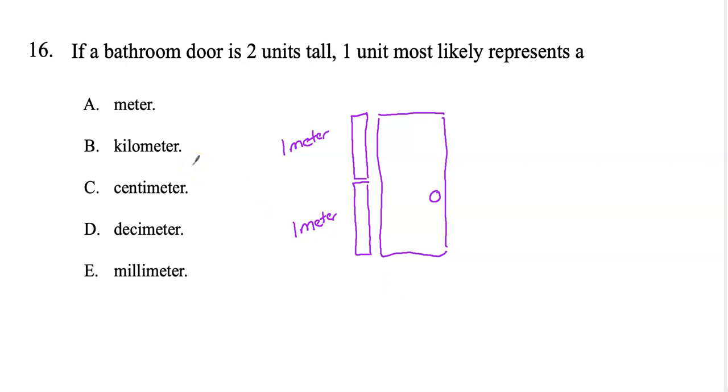It only makes sense to say that a bathroom door, how tall is it? It would be about 2 meters. That would make sense. And this is even hard to explain. I recommend Googling a meter stick again and seeing the length of it so you get an intuitive feel of what 1 meter is. So the answer here is going to be A.